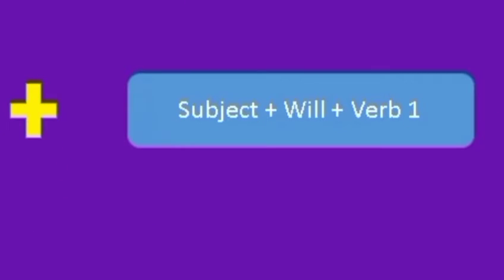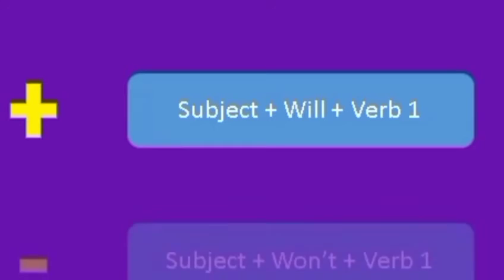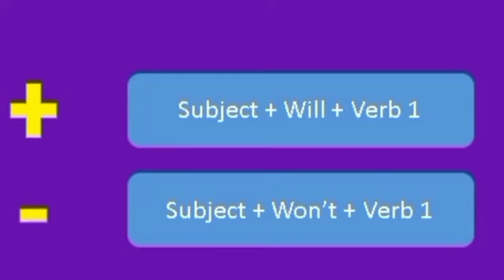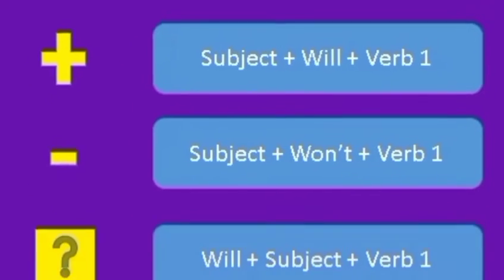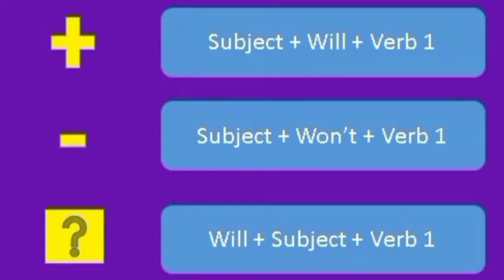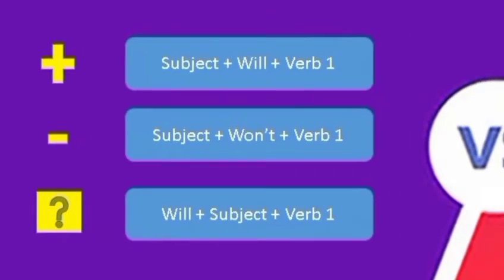In addition, let's look at the formulas of will and will be, so as not to misuse them. Will. For positive sentence: subject plus will plus verb 1. For negative sentence: subject plus won't or will not plus verb 1. For the interrogative sentence: will plus subject plus verb 1.